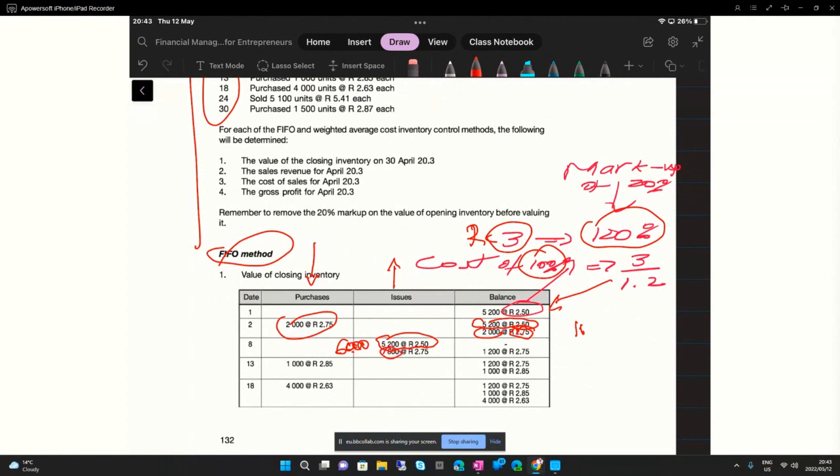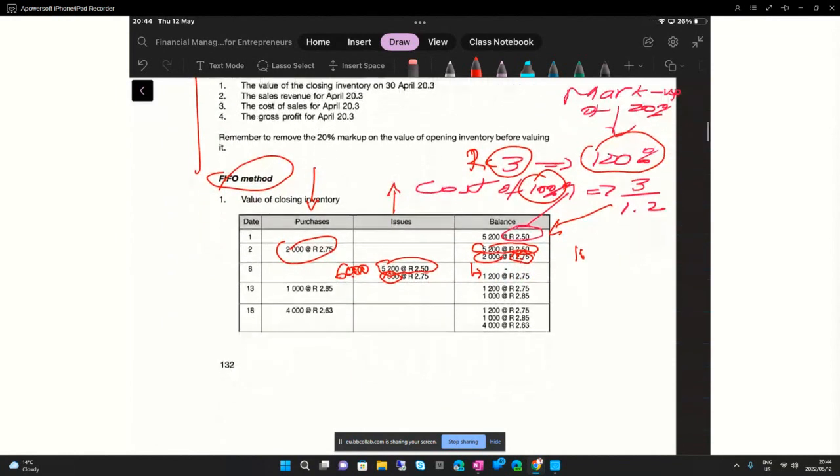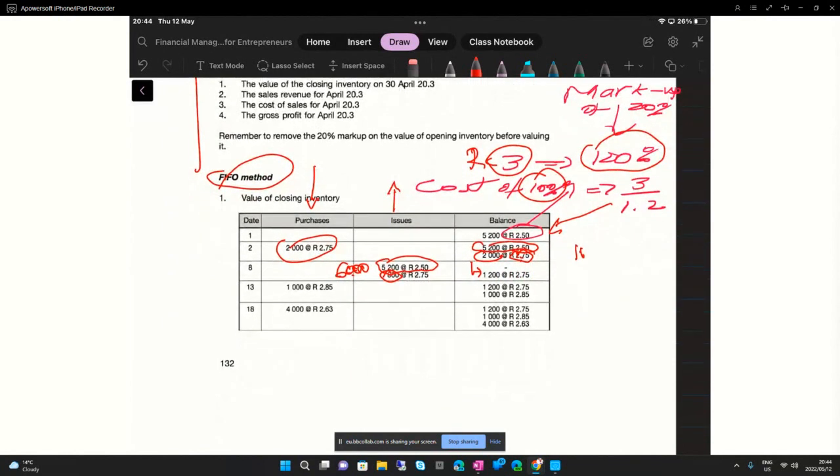But the 800 will be at a different cost because the 2,000 that we have there are at a cost of 2.75, and remaining is 1,200 at the cost of 2.75. But then there is an addition of 1,000 at a cost of 2.85, and the 4,000 at a cost of 2.63.